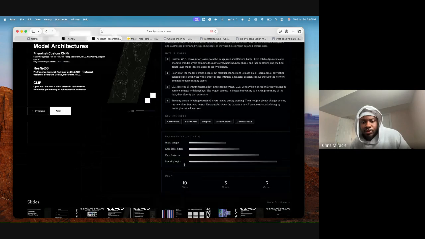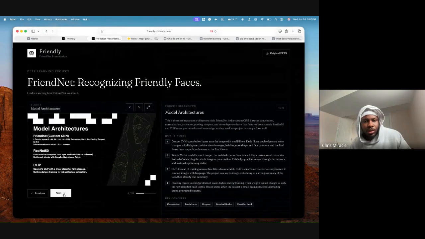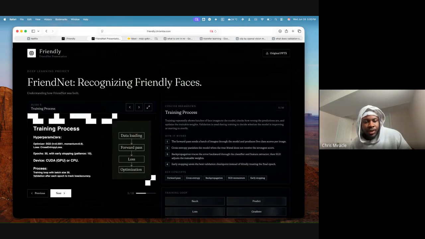And the training process, hyperparameters: I used SGD, stochastic gradient descent. My learning rate was 0.001. Momentum was used to avoid spikes. Then I used cross-entropy loss because there are multiple classes here.